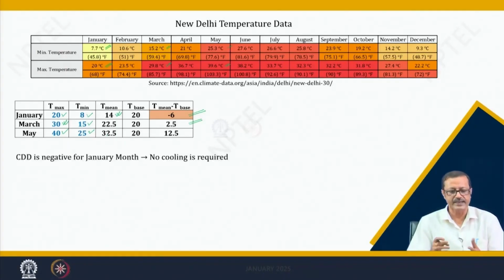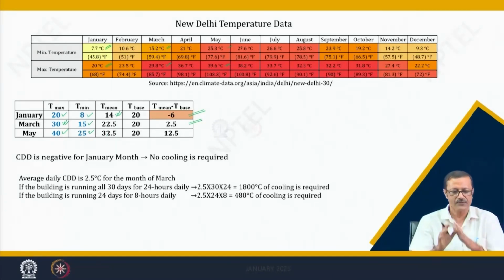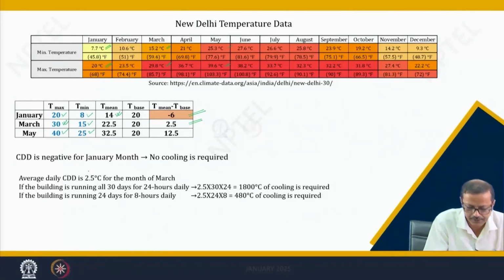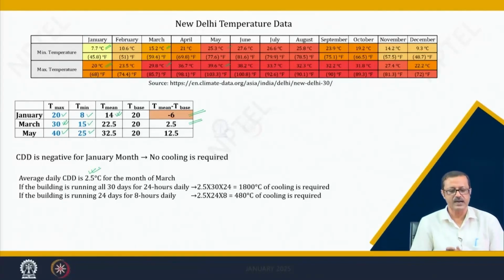So, CDD is negative for the month of January. So, no cooling is required, fine. The average daily CDD is 2.5 degree for the month of March. Okay. So, if the building is running all 30 days and 24 hours per day, suppose it is a hospital building where every 24 hours you need cooling.